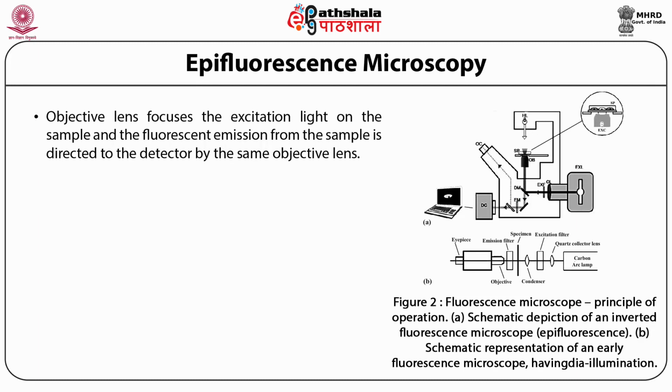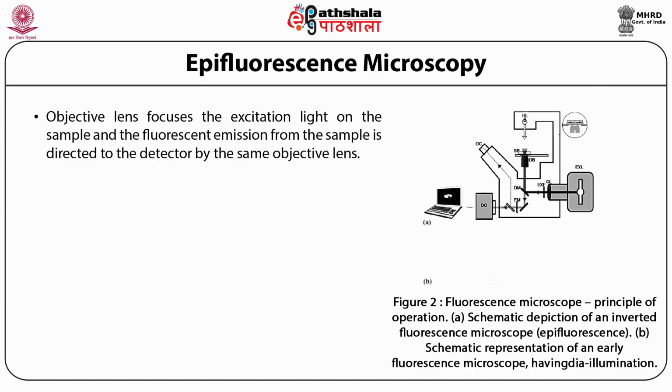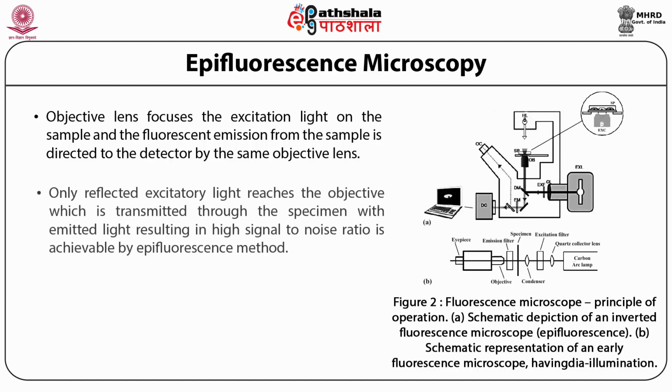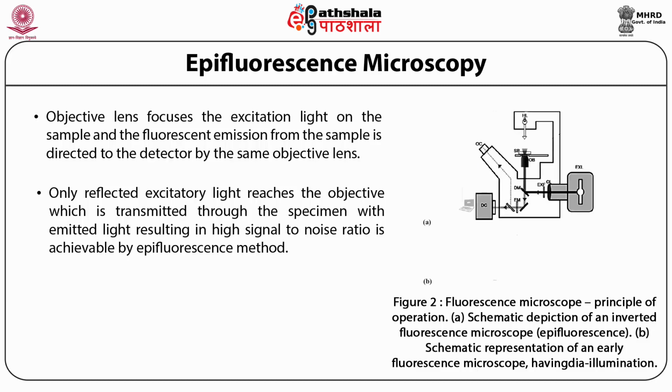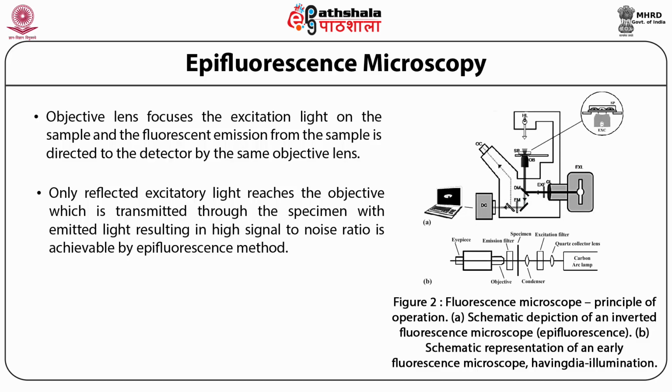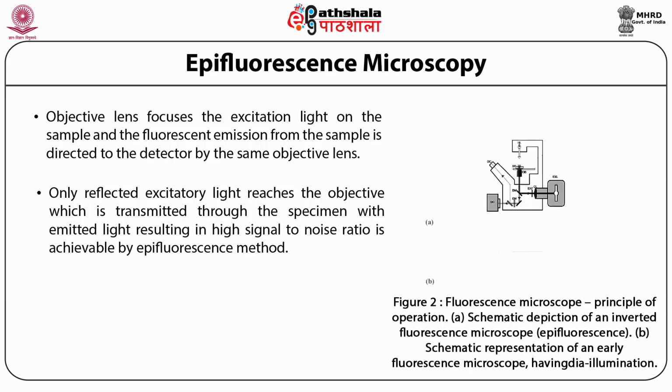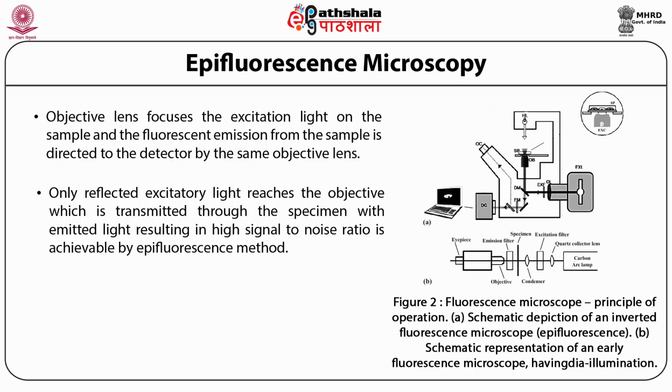The objective lens focuses the excitation light on the sample, and the fluorescent emission from the sample is directed to the detector by the same objective lens. Lenses having a high numerical aperture offer better resolution. Only reflected excitatory light reaches the objective, which is then transmitted through the specimen with emitted light, resulting in a high signal to noise ratio.